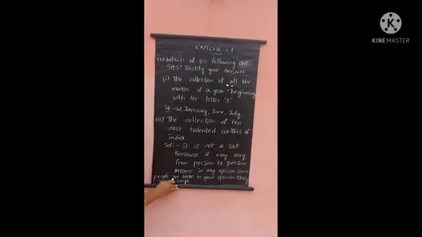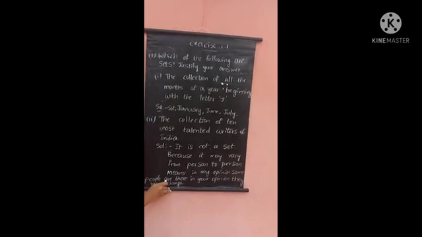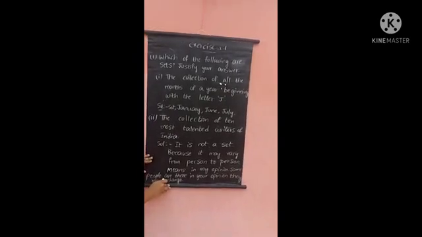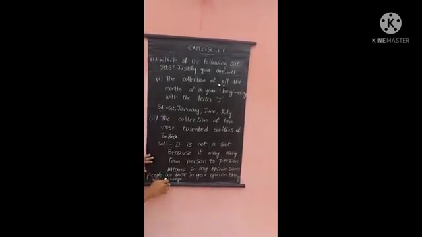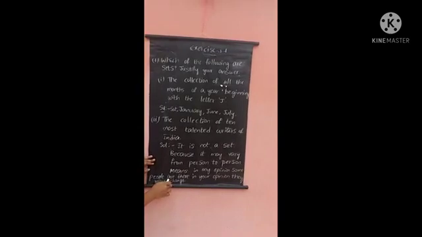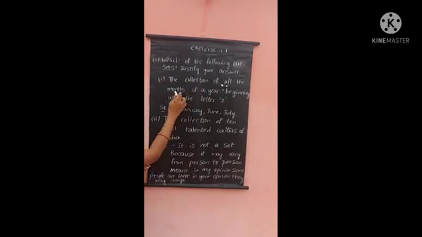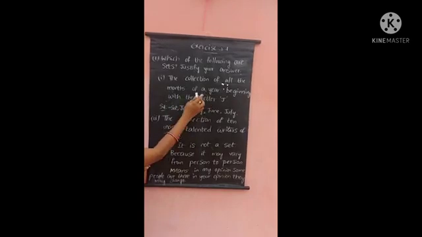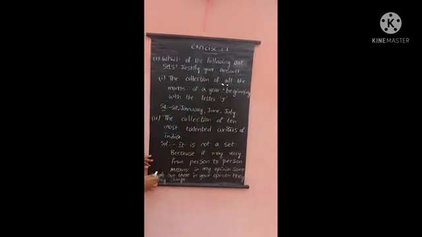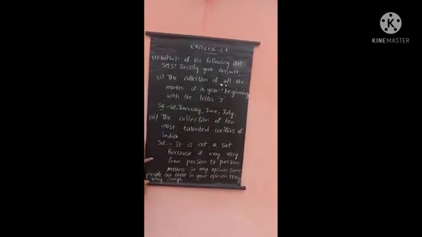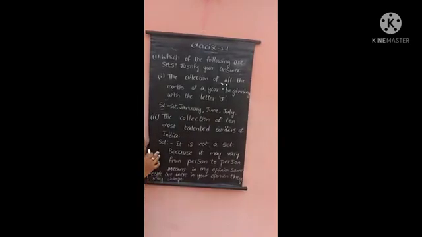Hello children. Today I am discussing exercise 2.1 problems and solutions in sets. See the first question in exercise 2.1. Which of the following are sets? Justify your answers. First one is the collection of all the months of a year beginning with the letter J. What is the question?